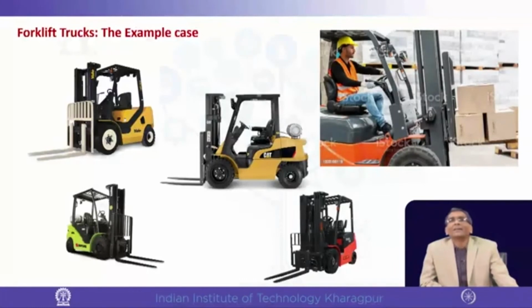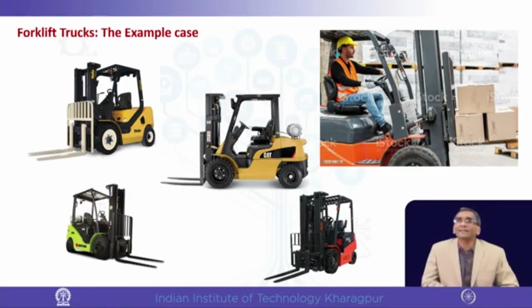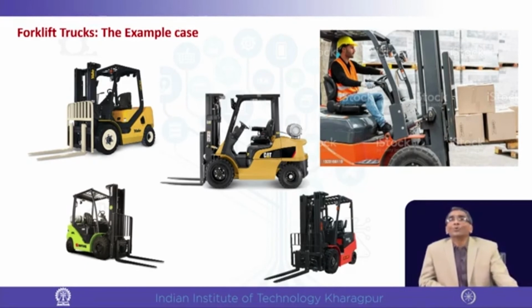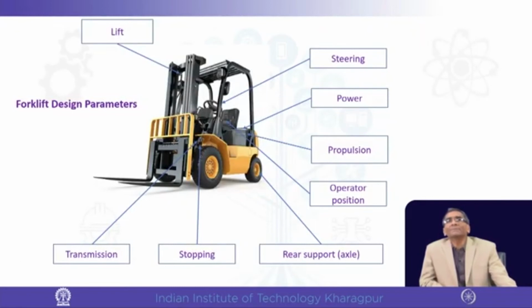Now, we will take up a case of a forklift truck, which is used in a factory. It is a material handling equipment product, and it is used for lifting and shifting of material, picking up, storing, etc. For all these purposes it is used. So, this is a forklift truck. Let us see the different parameters.